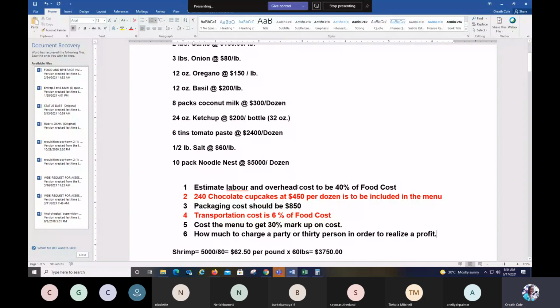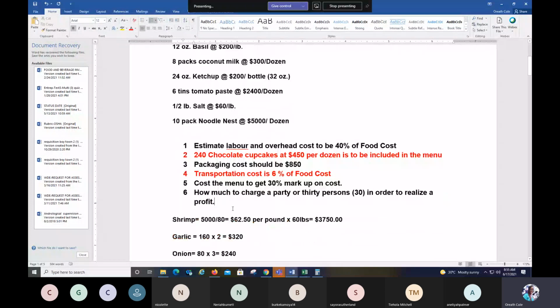How do you think we would find that out? How much would we charge a party of 30 persons?